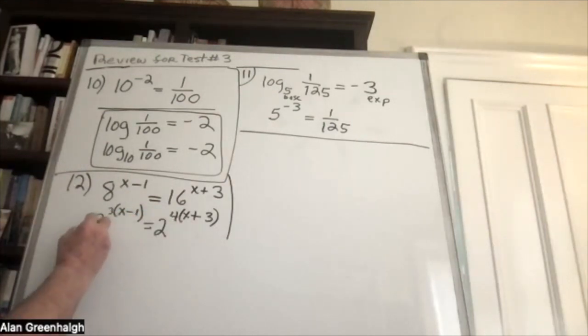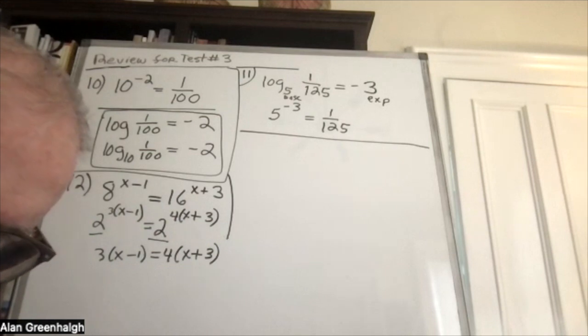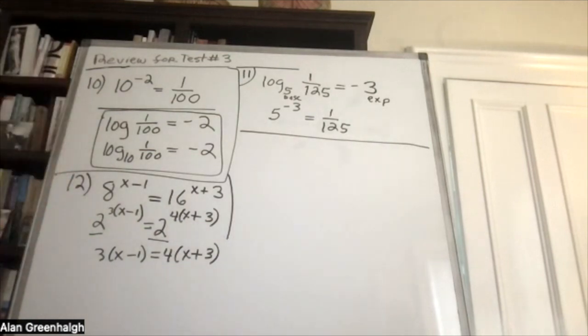Now, once the bases are the same, you set the exponents equal to each other, and you solve that equation as you normally would. 3x minus 3 equals 4x plus 12.